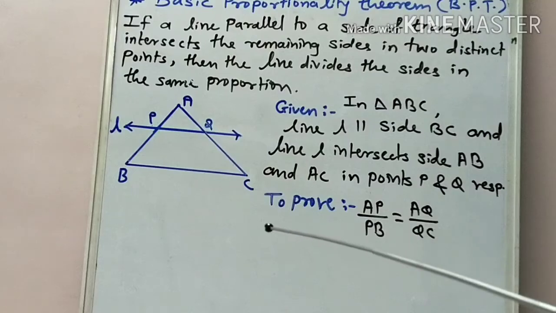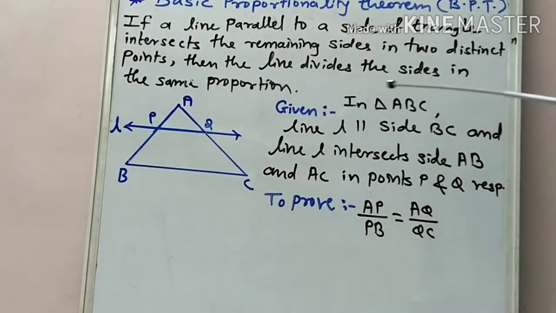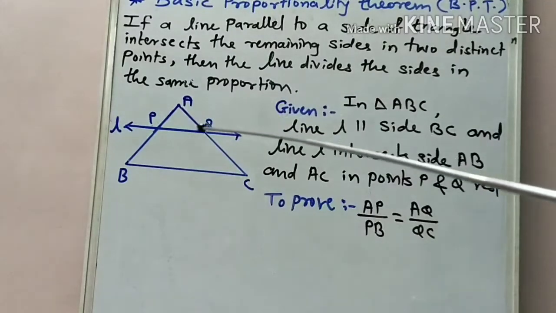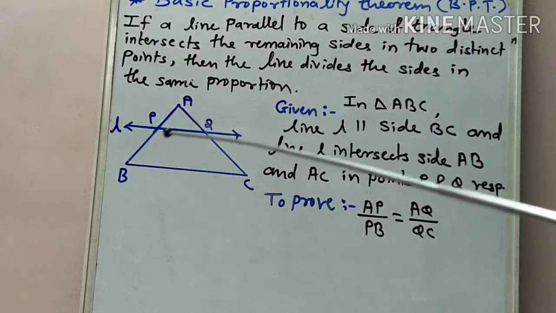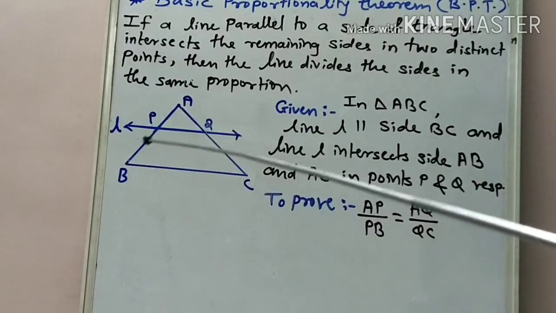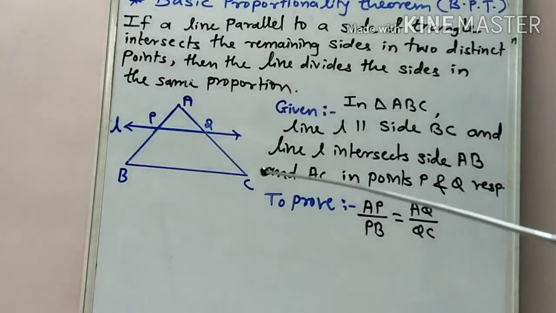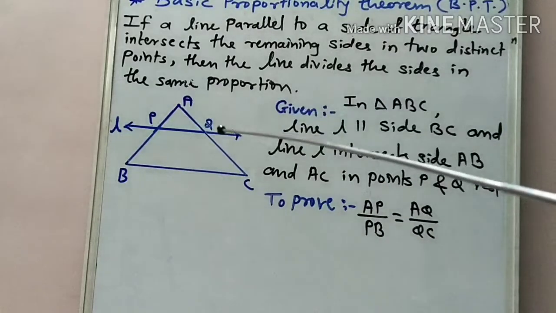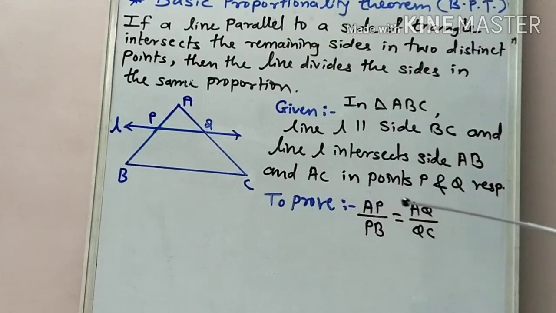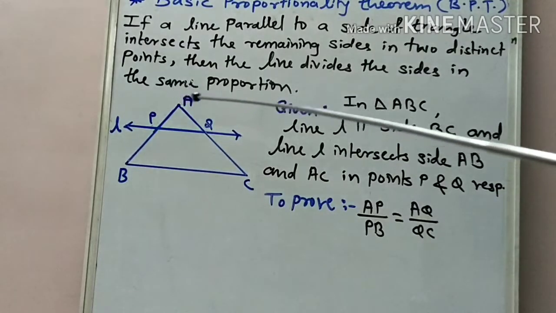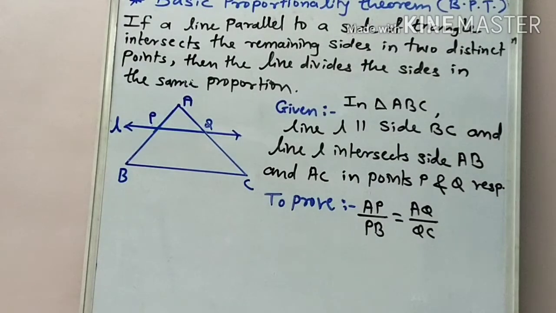Then what we have to prove: the line divides the sides in the same proportion, which means AB has two parts AP and PB, so we take the ratio AP upon PB, and similarly AC has two parts AQ and QC, so we write AQ upon QC, and the ratio is the same, meaning line L divides the sides in the same proportion. Okay, students.